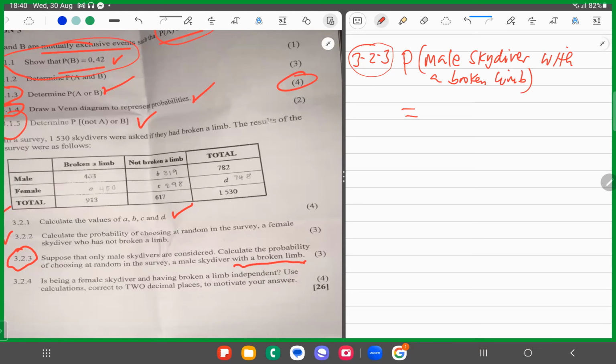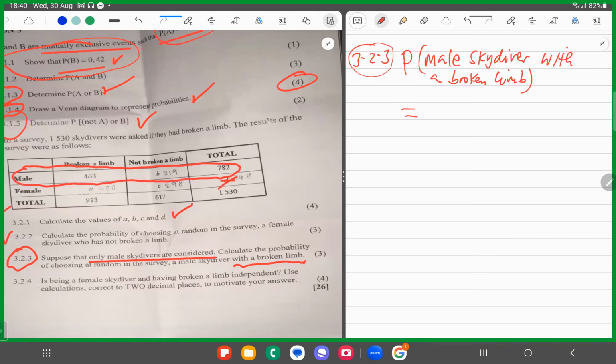At this point, you suppose that only male skydivers are considered. Only male skydivers are considered. So do not consider the females. So we're only considering these here. We just cross out all the females. We just say the females are not there. So in the total, you cross out this one.